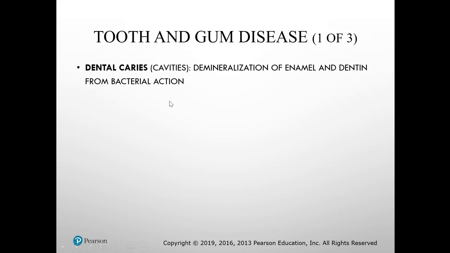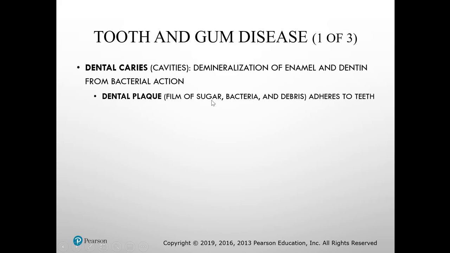Let's take a look at some of the dental tooth and gum diseases. Dental caries, or cavities, is brought about by demineralization of the enamel and dentin because of bacterial action. Dental plaque is a film of sugar, bacteria, and other debris that accumulates and adheres to the teeth and needs to be removed.